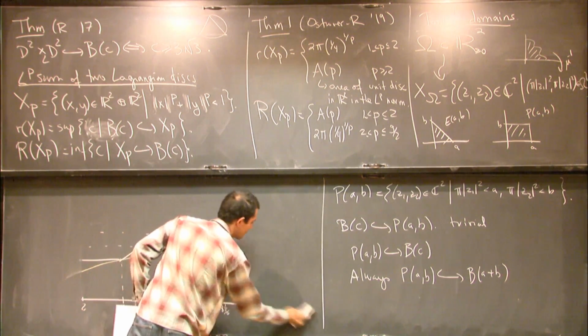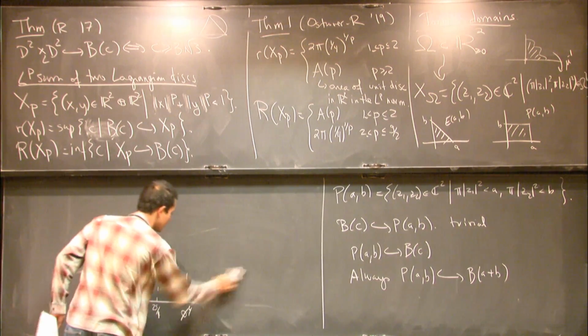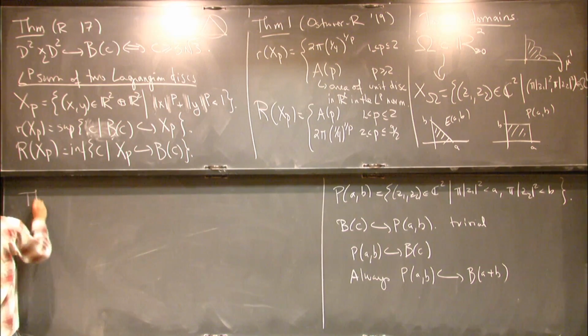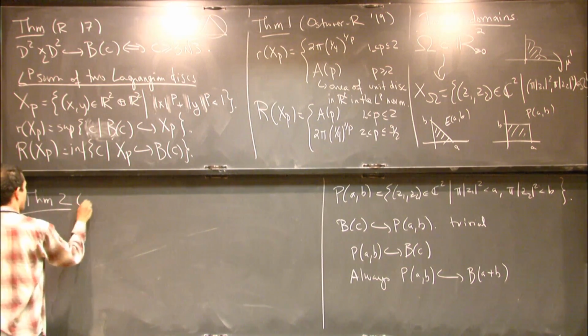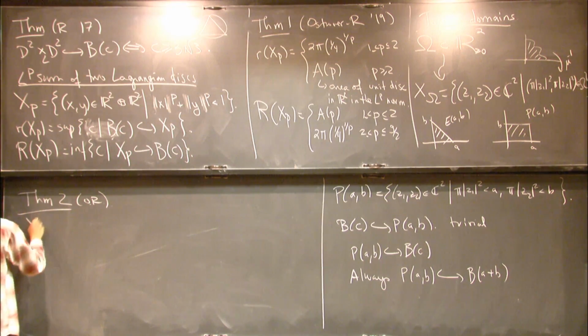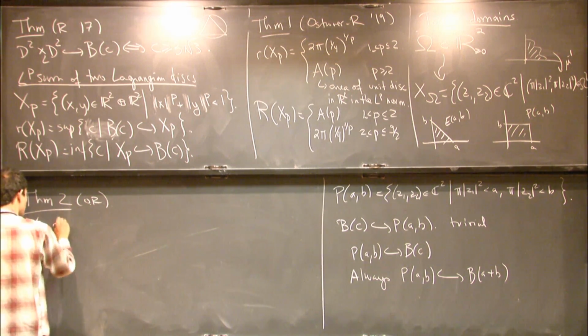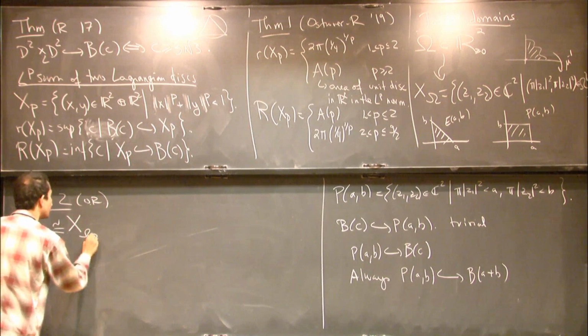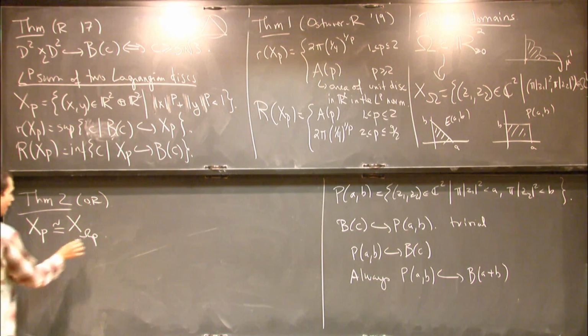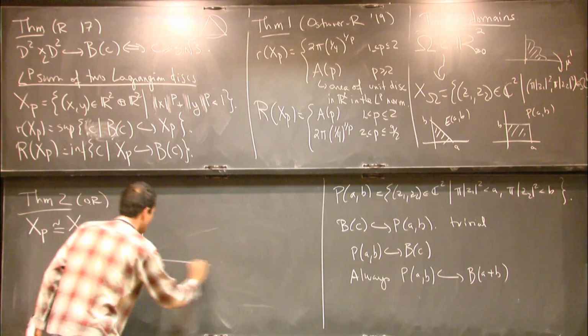So the main thing we proved, or the first thing we proved, I'm going to call it Theorem 2, is that this Xp is symplectomorphic to a toric domain. Where we can compute this omega p explicitly.